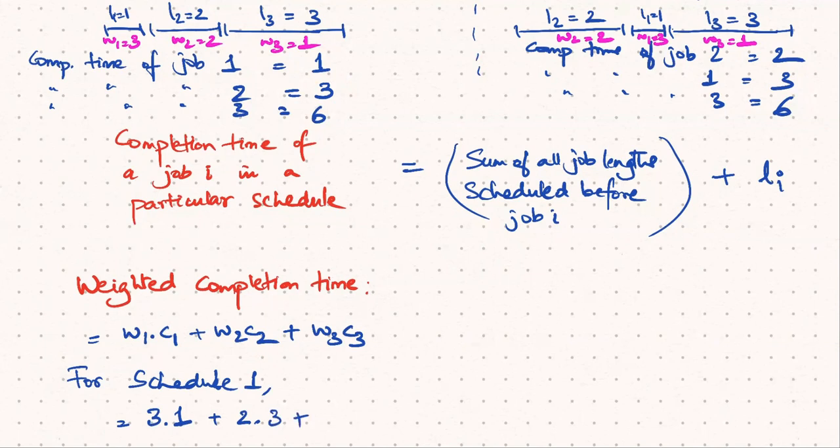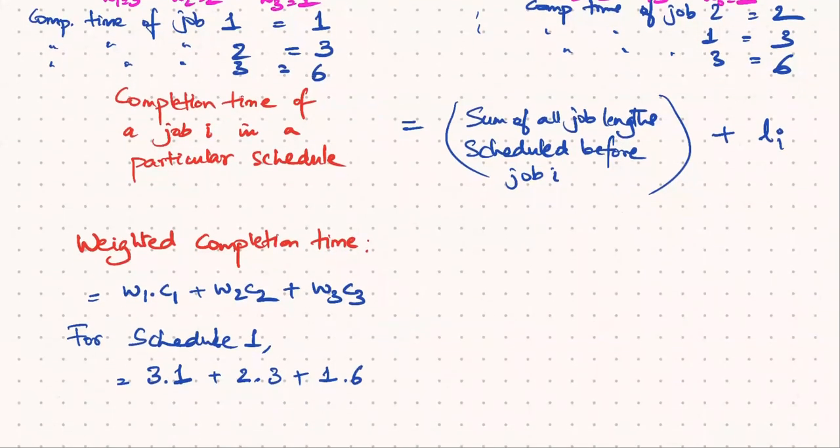And finally W3C3, where W3 is 1 and the completion time of job 3 is 6, so 1 times 6. This is 3 plus 6 plus 6, which is 15. So this is the weighted completion time of schedule 1.